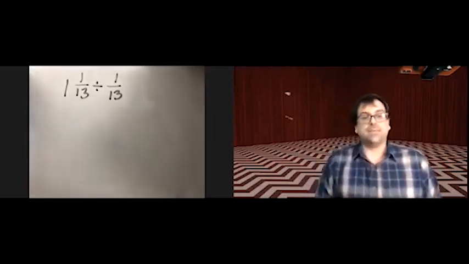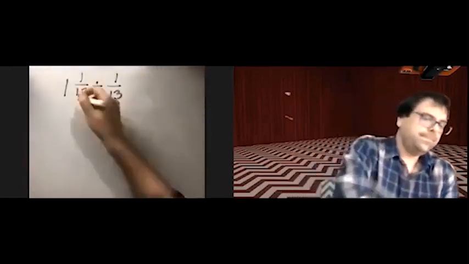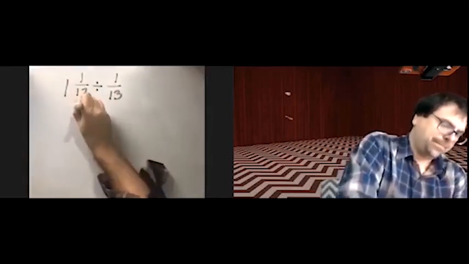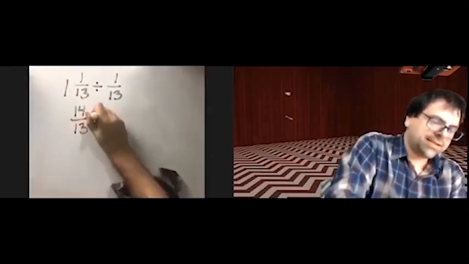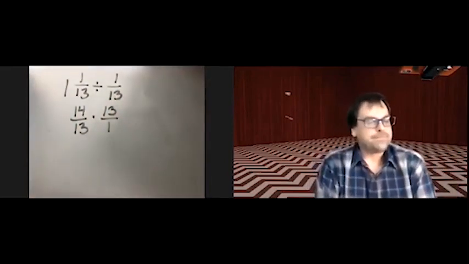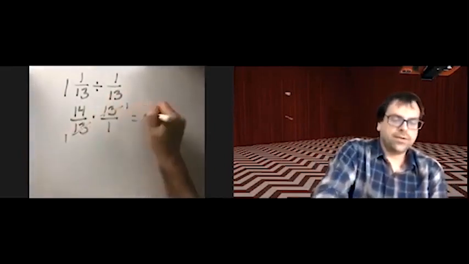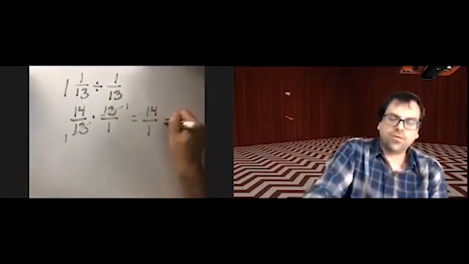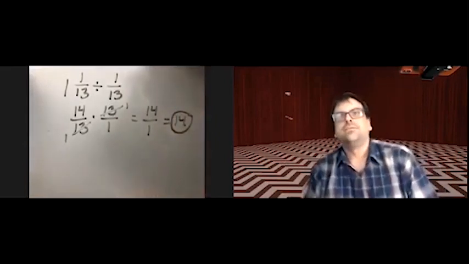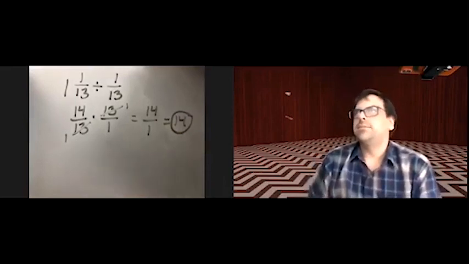So when we see the mixed number, even before we change it to multiplication, we need to make this 13 times 1 is 13 plus 1 makes 14/13 times 13 over 1. The 13s cancel, 1 over 1. We get 14 over 1, which is 14. No fraction at all. So no need to worry about making it a mixed number.